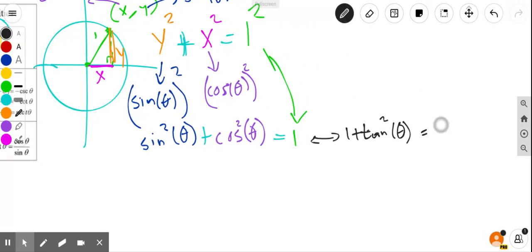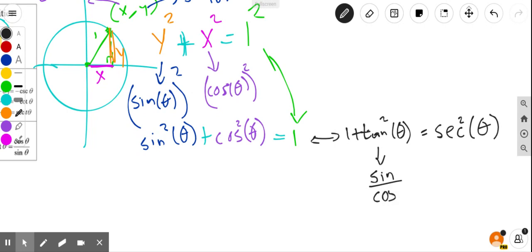Okay, so I don't see much of a connection, but I know that tangent is sine divided by cosine.